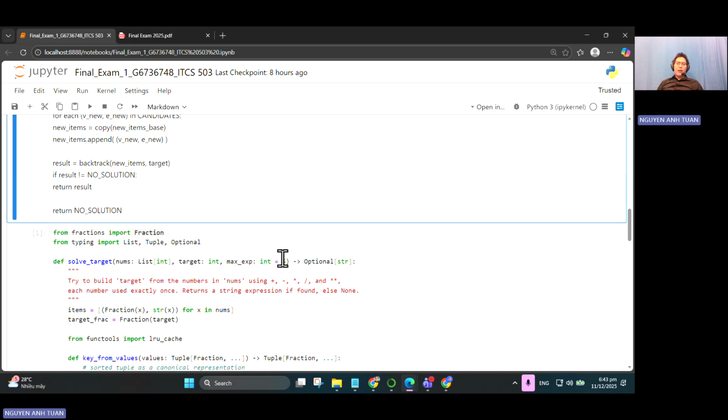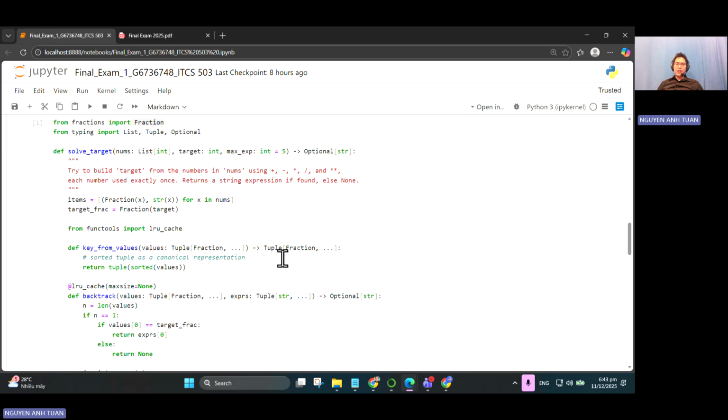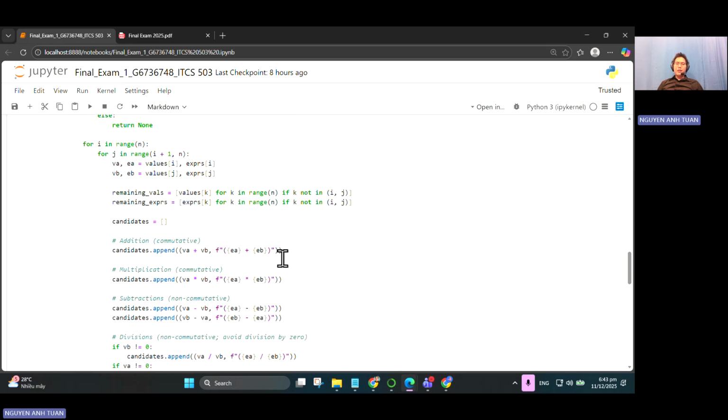If I reach the same multiset again, I immediately stop exploring that branch. Avoid division by zero: before doing A divide B, I check that B is not zero, and likewise for B divide A.